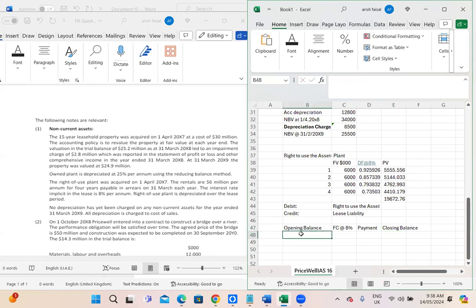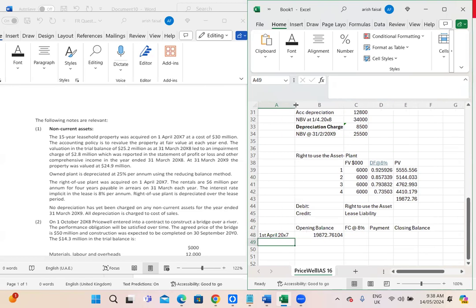Okay. So your liability is 19872. This balance is basically on 1st of April 2007. Correct? That's basically the first year, 2 years before your reporting date.